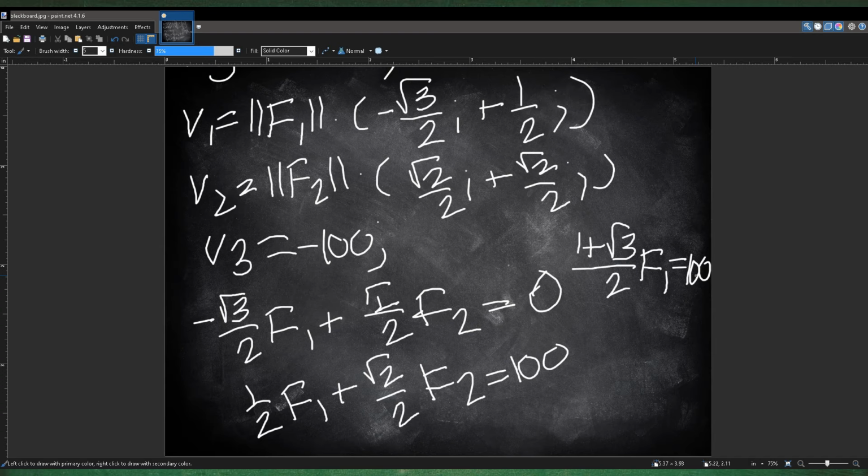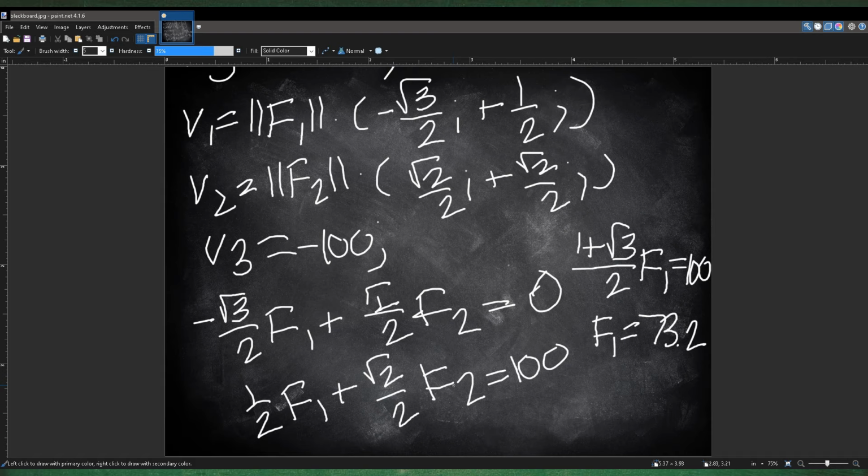So now you can use your calculator. You have 1 plus square root 3, divided by 2, multiplied by force 1, so 100 divided by that number. You get force 1 as about 73.2. You can plug 73.2 into one of the original two equations and get force 2.